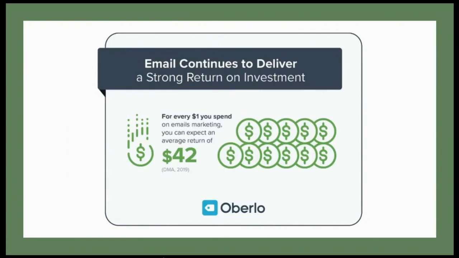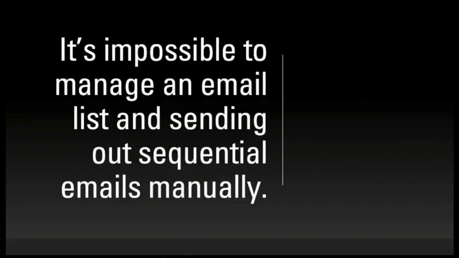The second reason is that it's impossible to manage an email list and send out sequential emails manually if you do not have an autoresponder. It's as good as saying forget about email marketing. If you don't have an autoresponder, you just can't do it. Imagine this. You have John, Janet, Bob, Robert, and so on. Let's say you have just 10 subscribers.